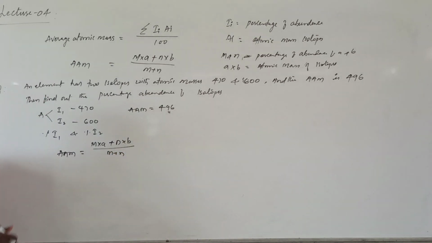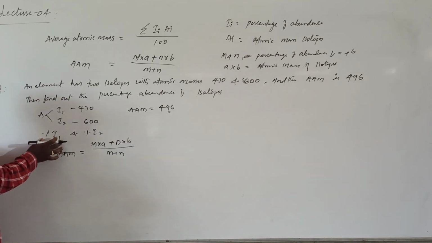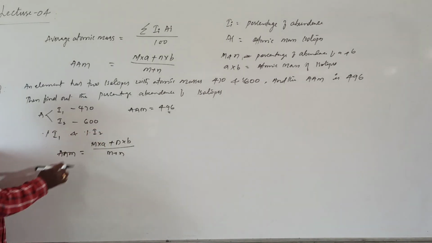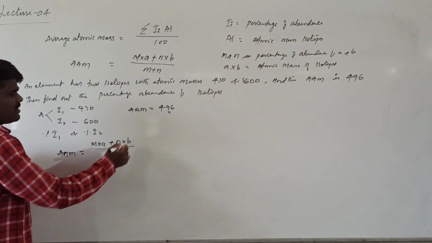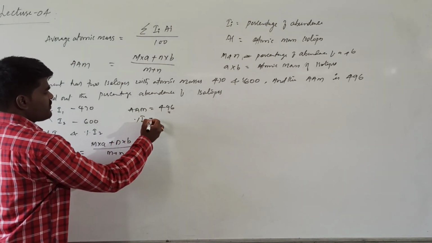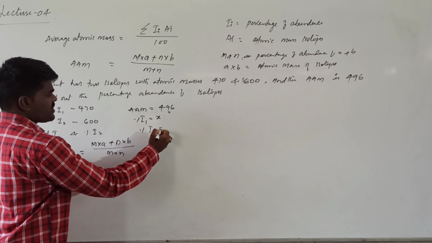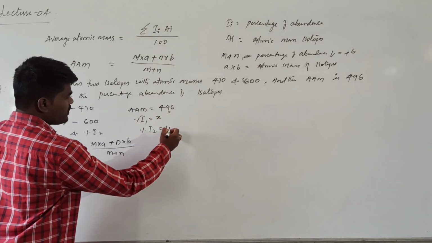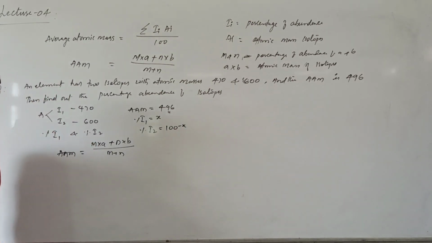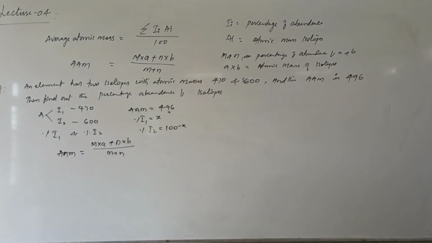Now we don't know the percentage abundance of the first and second isotopes. Suppose we assume the percentage abundance of the first isotope is X, then the second will be 100 minus X. The total abundance of the element will be 100%.